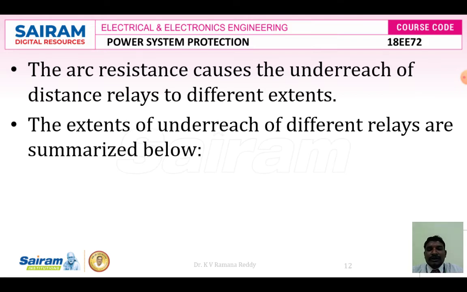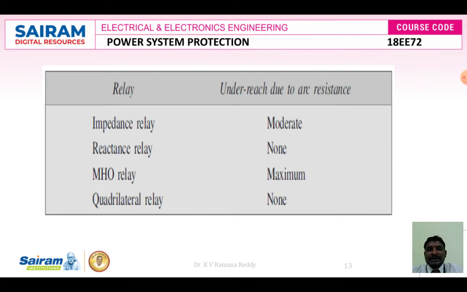So in case of an underreach relay, even though there is arc resistance caused at the time of fault, if the magnitude of ZF plus R lies below the characteristic of the circle, it is called an underreach relay. Underreach applies to the impedance relay at a moderate level, for the reactance relay there is no effect, for the mho relay it shows the maximum amount of impedance, and for the quadrilateral relay it doesn't show any impact.